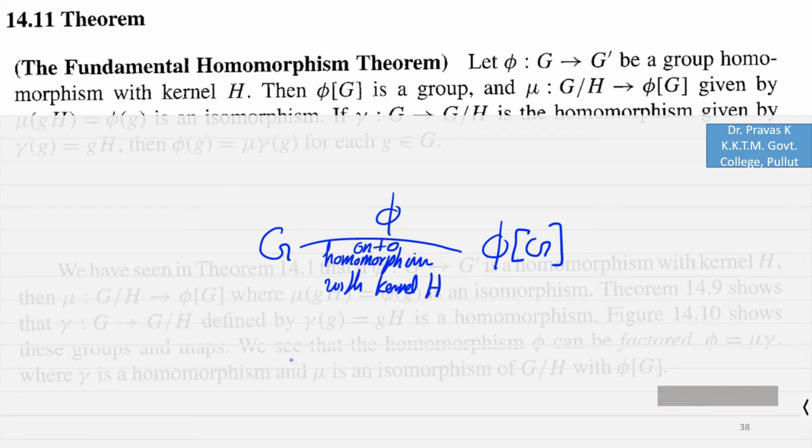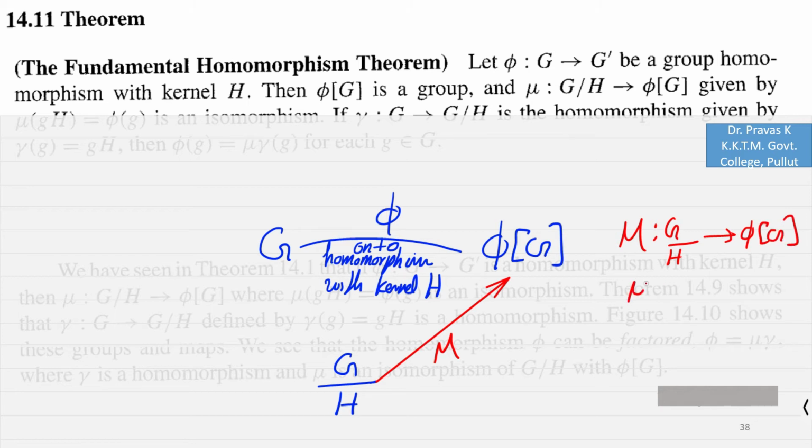Then we know that by theorem 14.1, this factor group G over H is isomorphic to phi[G] under an isomorphism mu, where mu is from G over H to phi[G], and which takes the element gH in G over H to phi of g.